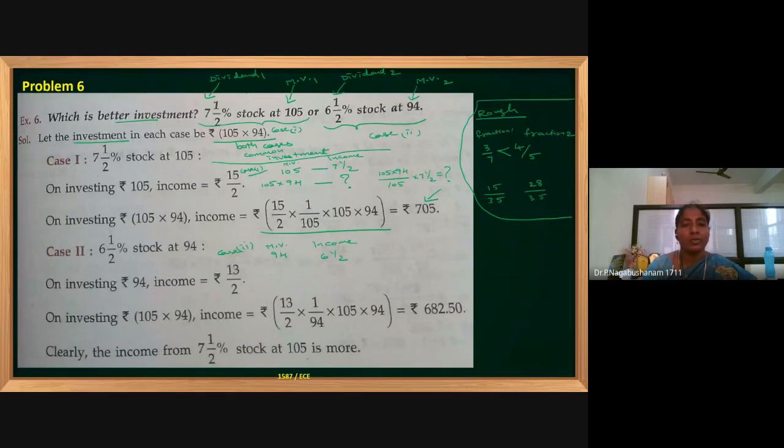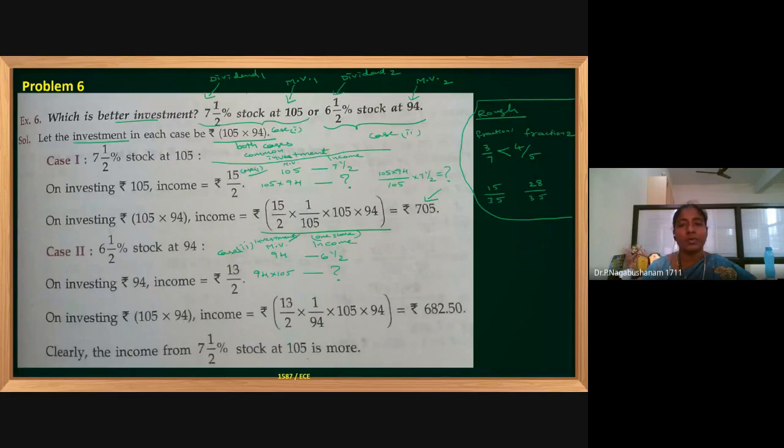Now my investment has changed: 94 into 105. The investment or market value is one and the same. For one share, the income is 6 1 by 2, as given. Now 94 into 105 is the total investment. What is the income?